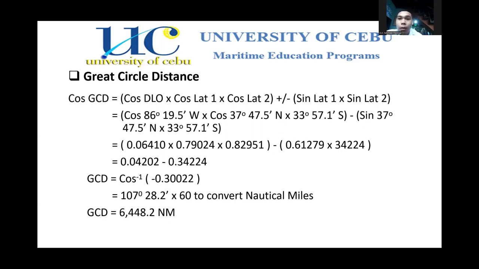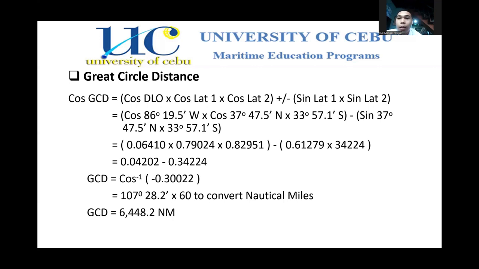So our cosine 86 degrees 19.5 minutes west will become 0.06410, times the cosine latitude 1, which will become 0.79024, times cosine latitude 2, 0.82951, minus sine lat 1, 0.61279, times sine latitude 2, 0.55... 0.34224.